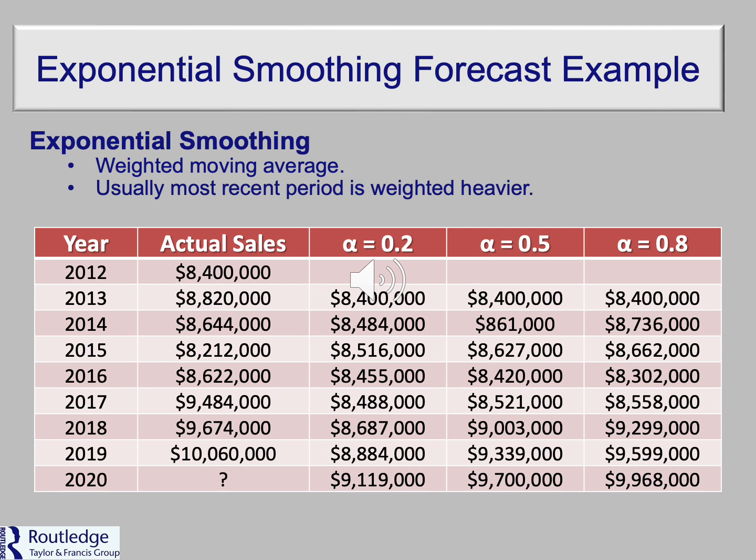Okay, so I mentioned on the previous slide about needing to sometimes weight a certain year or a certain time period heavier than others, and that is exactly what this forecast allows us to do. So exponential smoothing is, again, a weighted moving average.